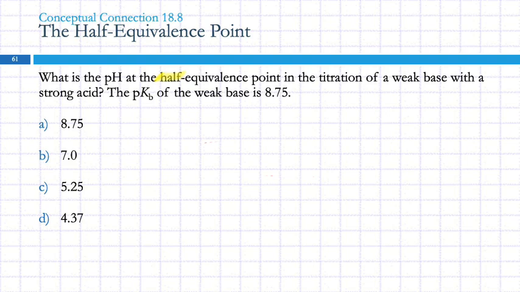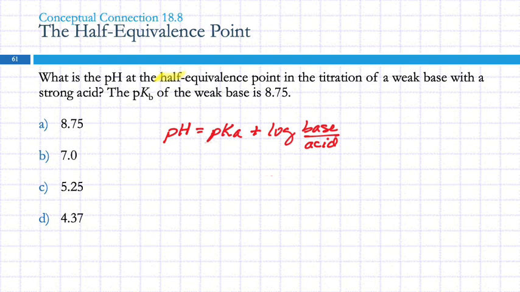Because pH is equal to pKa plus log of the base over the acid. We're wanting pH, not pOH. At the equivalence point, these are equal, and so this drops off. pH is pKa.